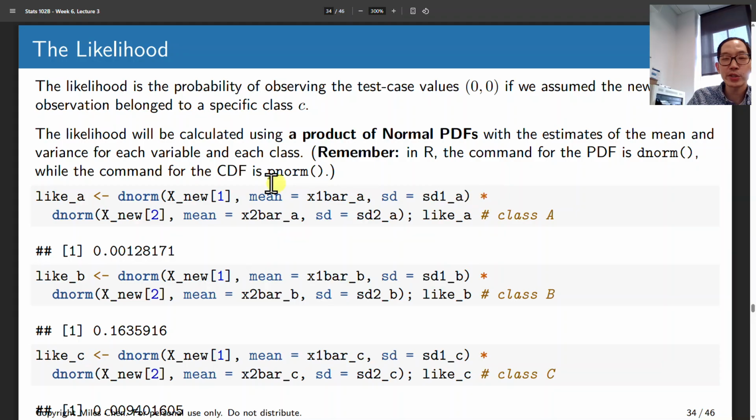Normal density for x1 times the normal density for x2, but we use the estimates for class A, class B, and for each of these things. So there are a bunch of parameters you have to estimate still, okay? You have to estimate the mean of x1 bar for A and the mean of x1 bar for B and stuff, but there's no covariance terms that you have to estimate, okay?